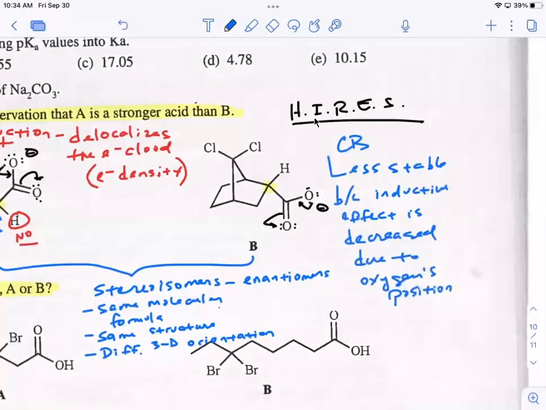Right? So there's not as much induction there because the oxygen is in a different position. It's further away from the electronegative atoms, the functional groups that are there. So that acid is going to be weaker because of that.